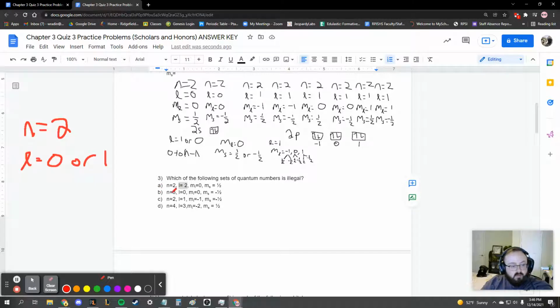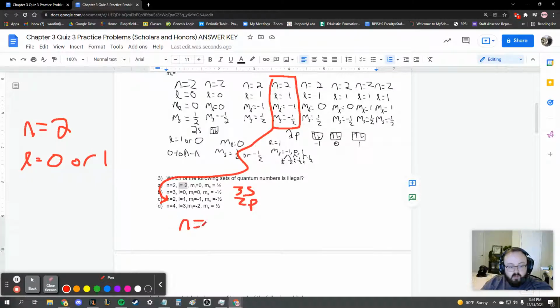B is fine. This is a 3s orbital. Perfectly fine. C. This is a 2p orbital. And if we look here, this exact combination is seen right here. That's C right there. And finally, D. This is also completely legal.